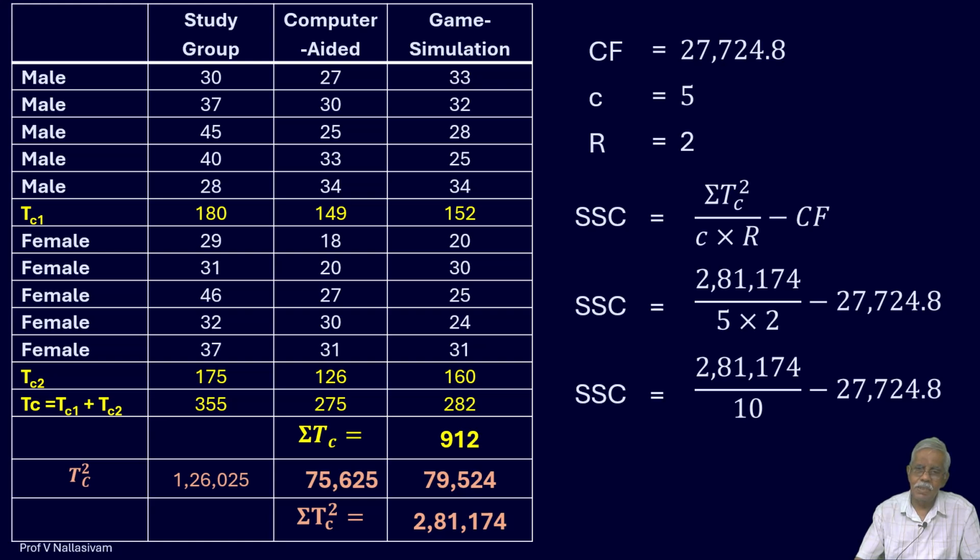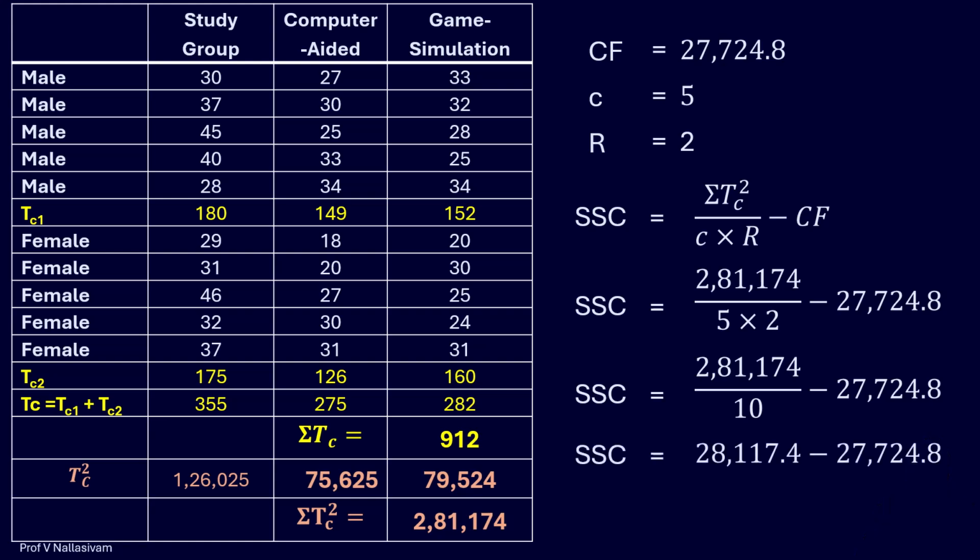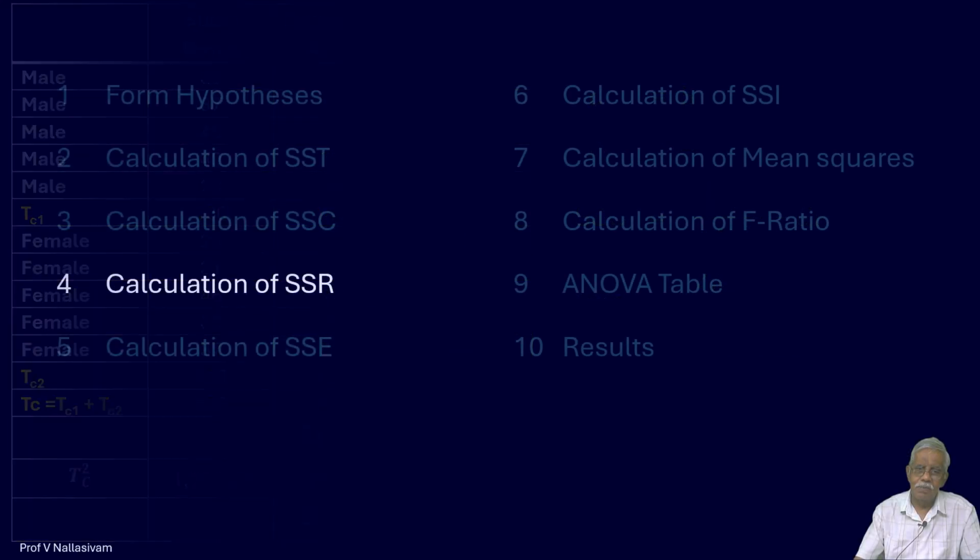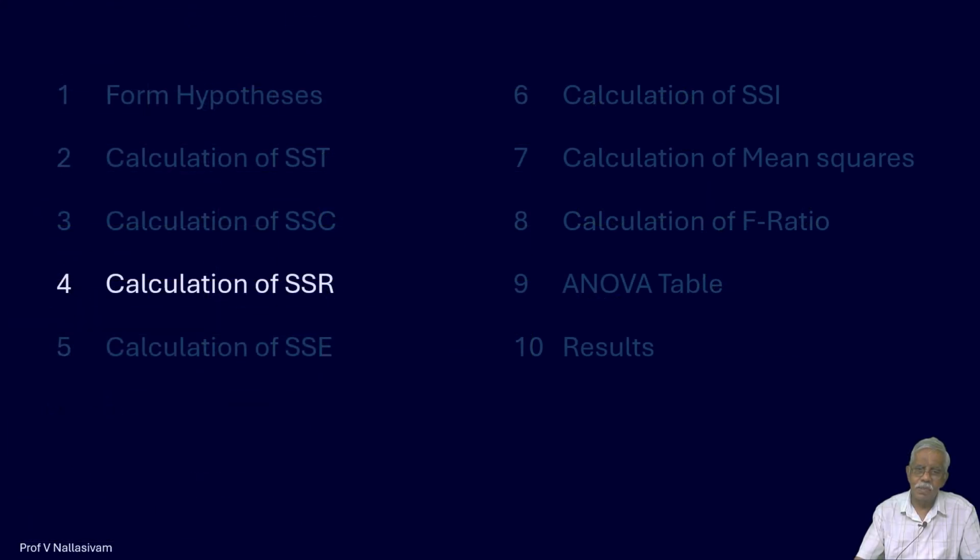2,81,174 divided by 10 minus 27,724.8. 28,117.4 minus 27,724.8. SSC equal to 392.6. We shall now calculate sum of squares of row variation.